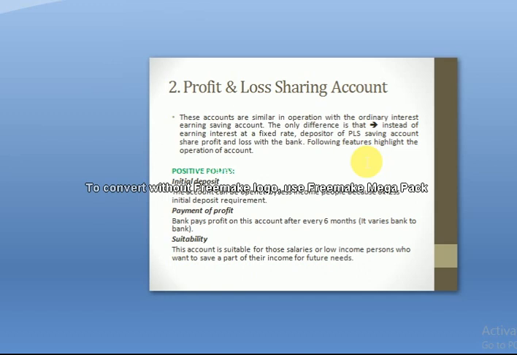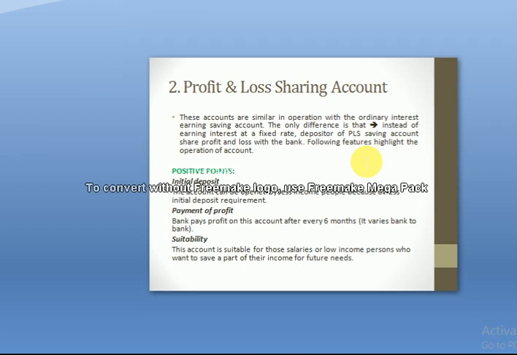The bank has the right to make investment of the credit balance deposited in the profit and loss saving account at its sole discretion in the banking business.